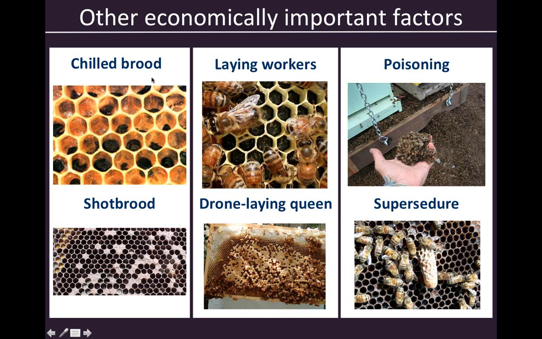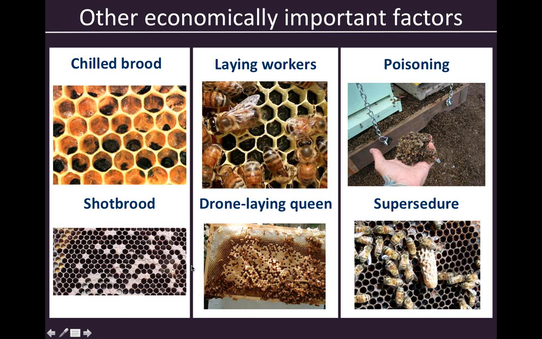So the brood always needs to stay, the brood is the babies, and babies need to be at a temperature that's around 35 degrees Celsius, and so the bees that take care of the brood will shiver and produce body heat that will keep the brood warm even in the cold winter. So it's a way for thermoregulation. But when it's too cold and the colony is too weak, then there's not enough workers to keep the brood warm, and so the brood gets chilled and dies.